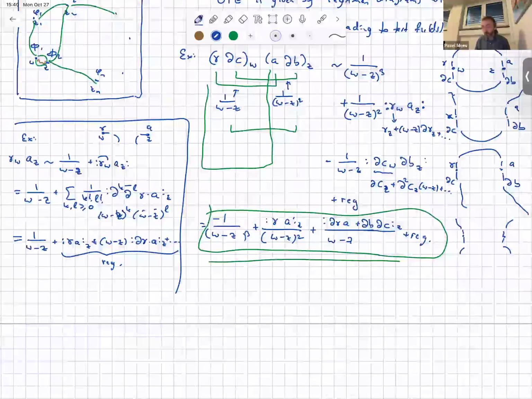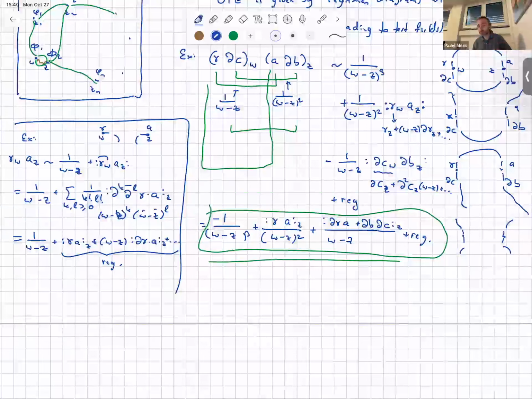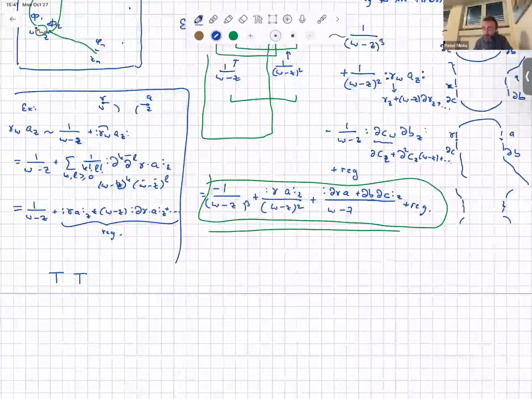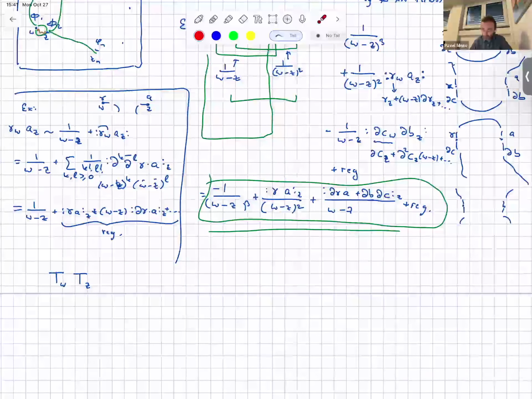Now having this technology, we can start doing various computations. For instance, we can calculate the OPE of the stress energy tensor with itself. This is a little bit annoying because it's not a monomial, it's a sum of two monomials, so there will be several terms to consider.